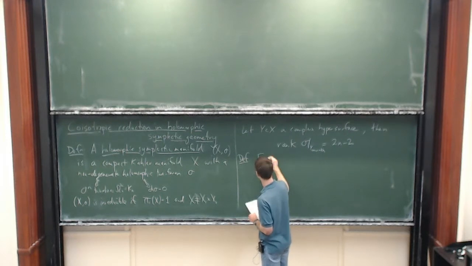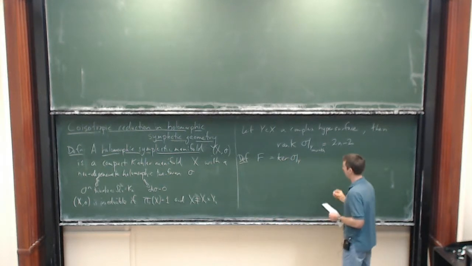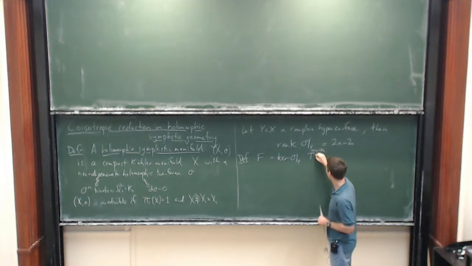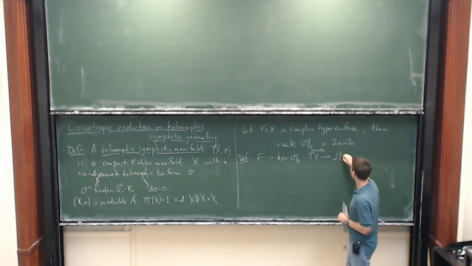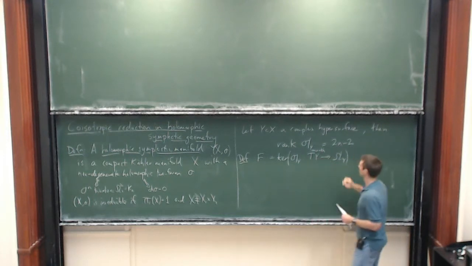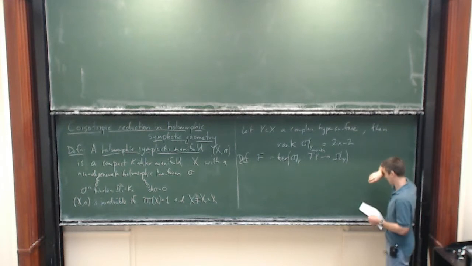So we define F to be the kernel of sigma restricted to Y. And you can think of this as giving a map from the tangent bundle of Y to the cotangent bundle. So the kernel is like a subsheaf of T_Y, or distribution.